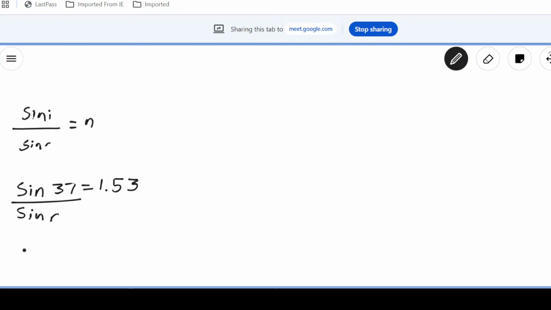Because it's 22.9544 degrees, so 23 degrees. Remember, make sure your calculator is in degrees when you're doing these calculations.